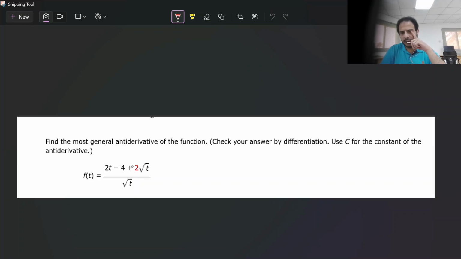Find the most general antiderivative of the function. Check your answer by differentiation. Use C for the constant of the antiderivative. Who wants to help me? Do you hear me?